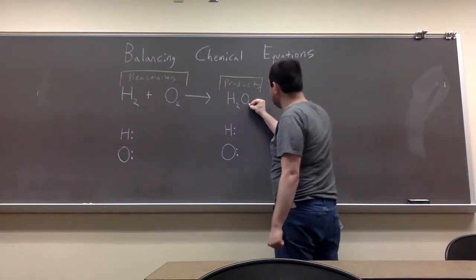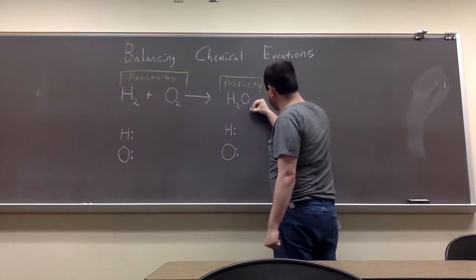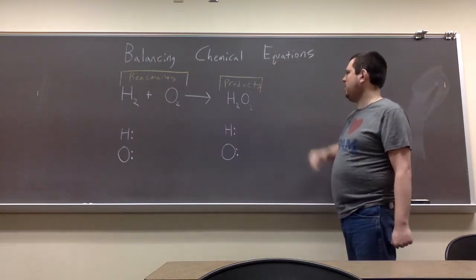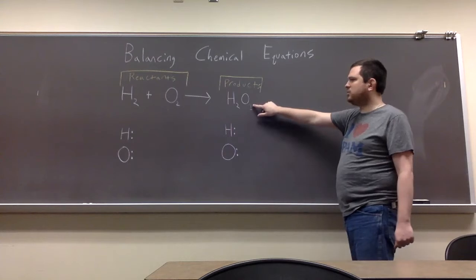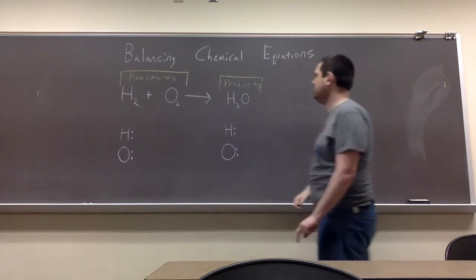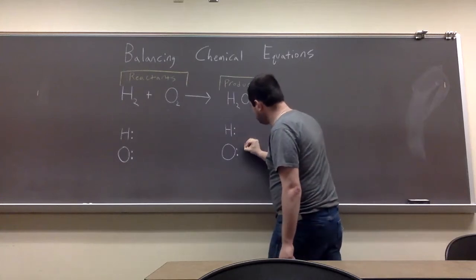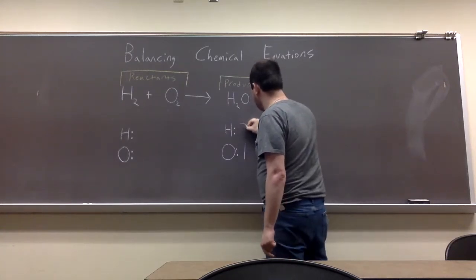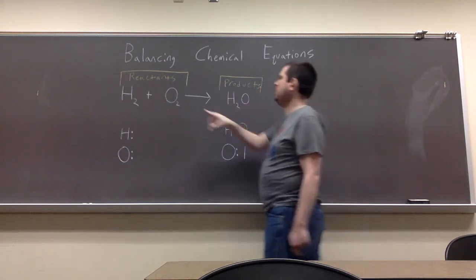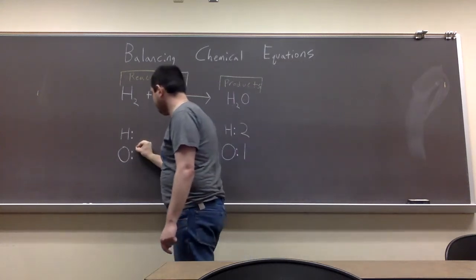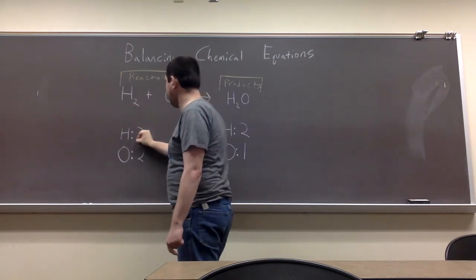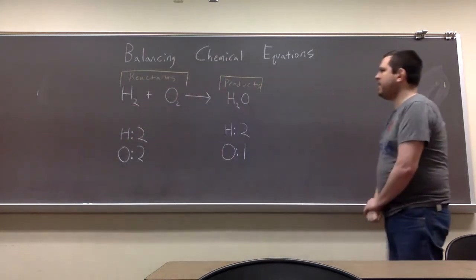Since there's nothing here for the oxygen, we will put an imaginary 1, so that you can remember there's one oxygen here. So there's one oxygen and two hydrogen because of this number. Two oxygen and two hydrogen. So this is what it looks like right now.